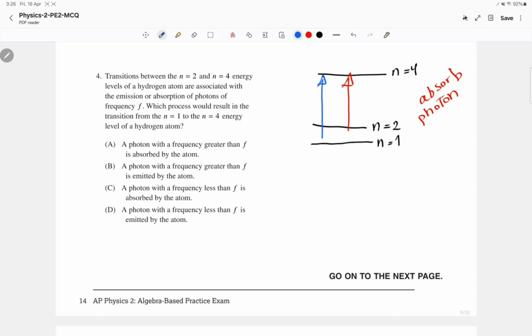So to go from N1 to N4, we need to absorb a photon of more frequency because we just have to jump to a higher level. Okay, so we have to absorb the photon. And we have to absorb it with more frequency. So it's A.